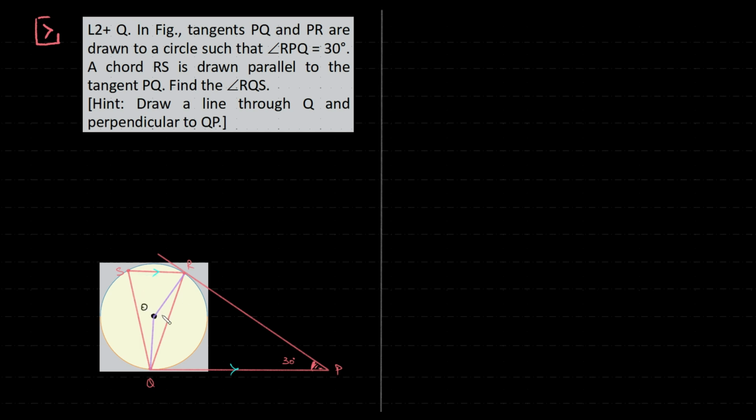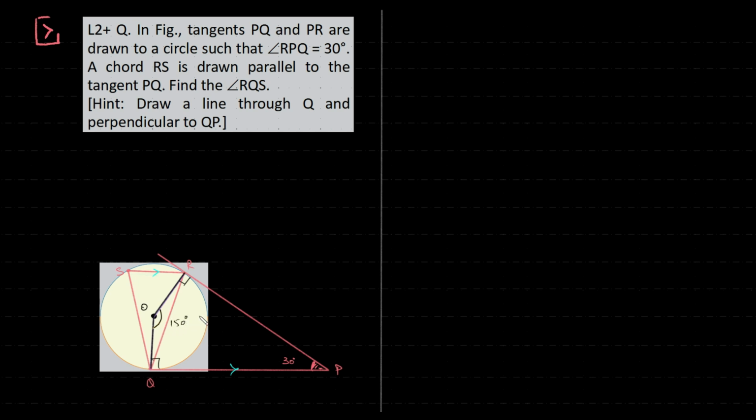We have ORPQ to be a cyclic quadrilateral. What is a cyclic quadrilateral? Wherein the opposite angles add up to 180 degrees. Why is that? See, this is 90, tangent and radius. This is also 90, tangent and radius. These two need to add up to 180 degrees. Is it not?